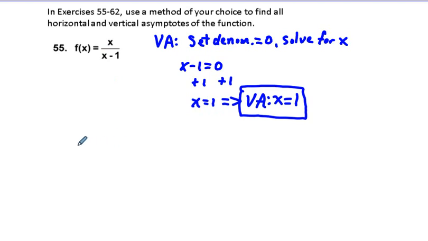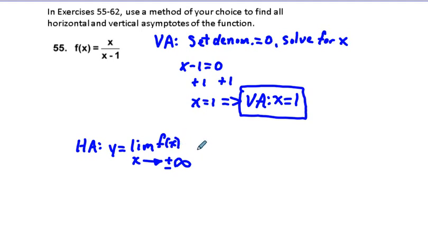Now for a horizontal asymptote, it's going to be y equals the limit as x approaches plus or minus infinity of f of x.